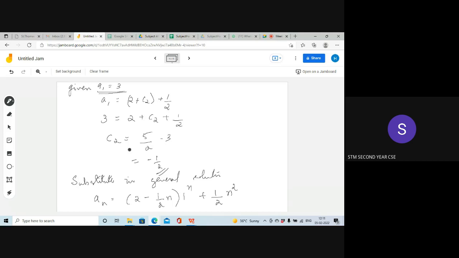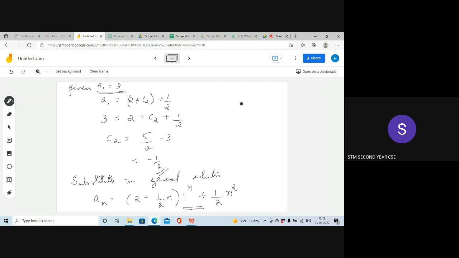Whenever the initial conditions are given, they are usually given to find these constants. After writing the general solution, find the values of these constants using initial conditions A0 and A1. Find the values of C1 and C2 and substitute in the final solution. You get the answer. Is it clear?